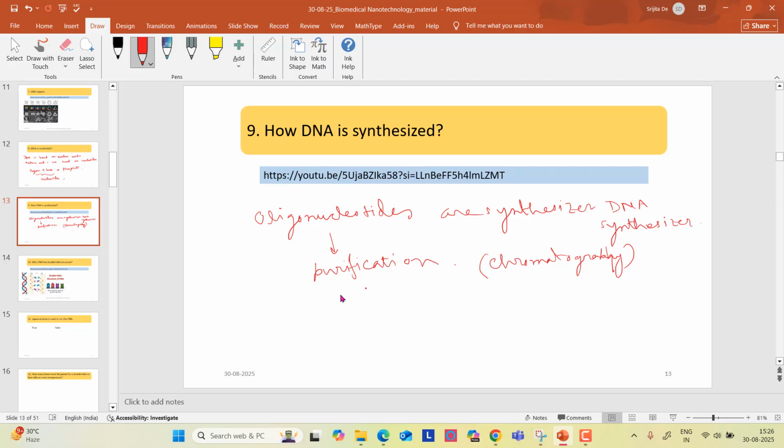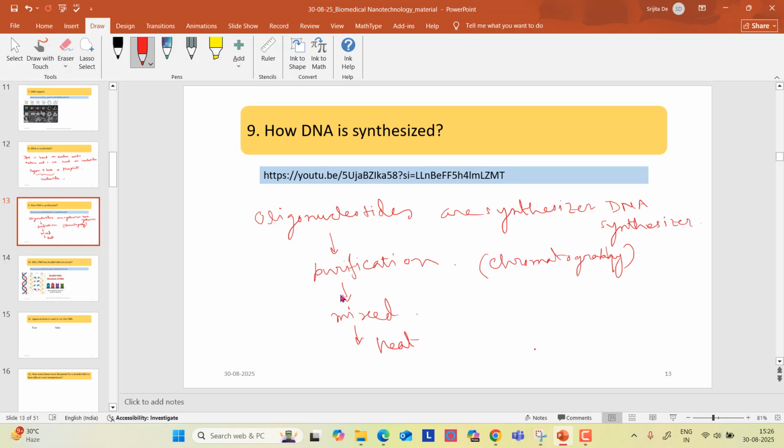The next step is that they are mixed together at the proper molarity ratio. Next is heat, or thermal activity, to denature, and then gradually cooled to allow the single-stranded DNA molecules to find their correct partners, right?